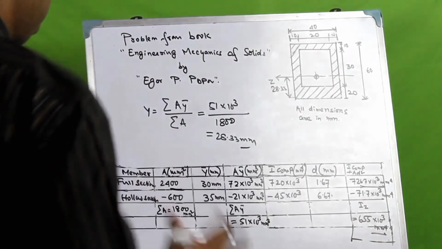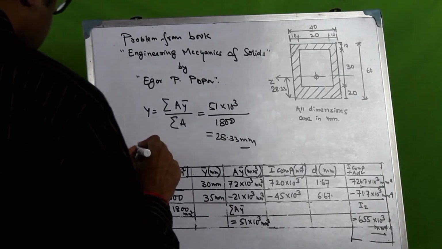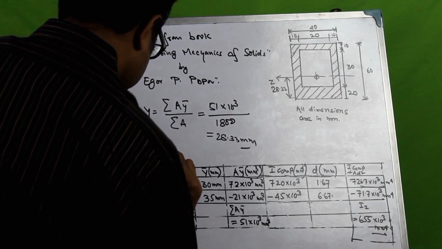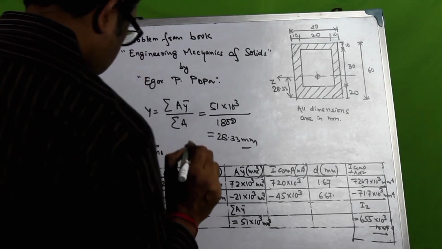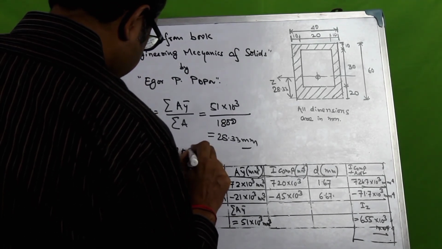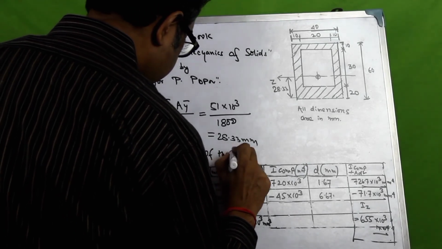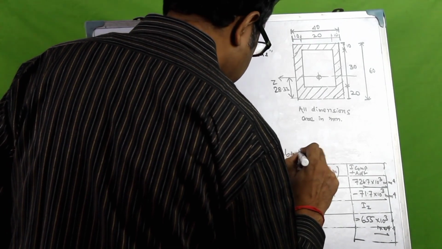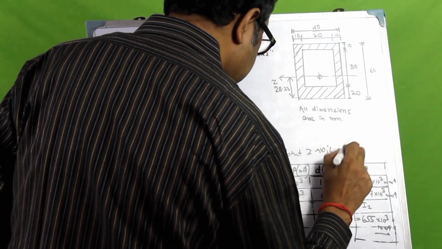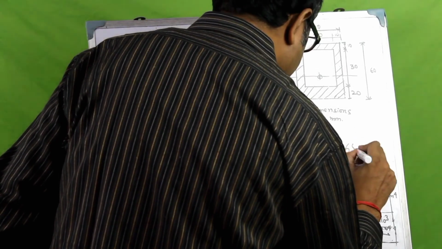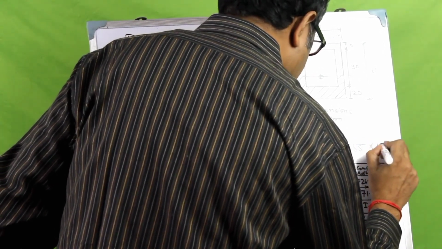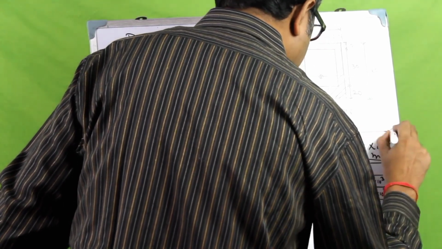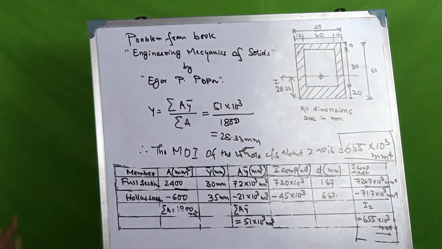So we found that the required moment of inertia of the whole cross section about the Z axis is equal to 655 into 10 to the power 3 millimeter to the power 4. So this is our required moment of inertia.